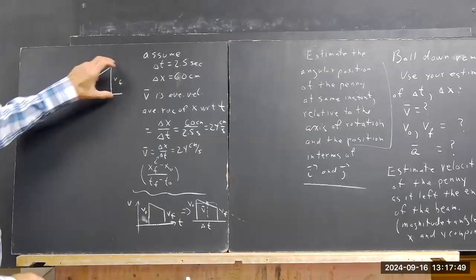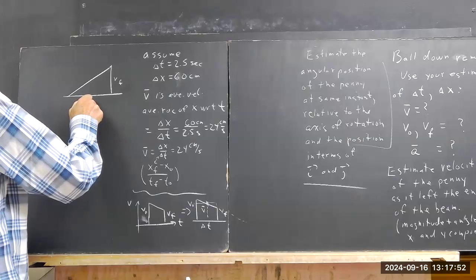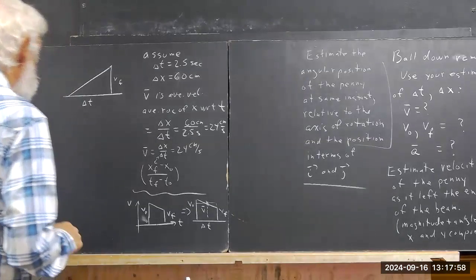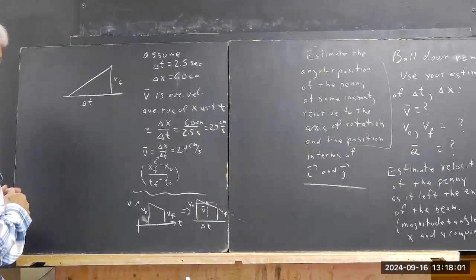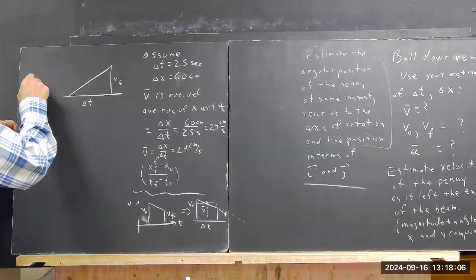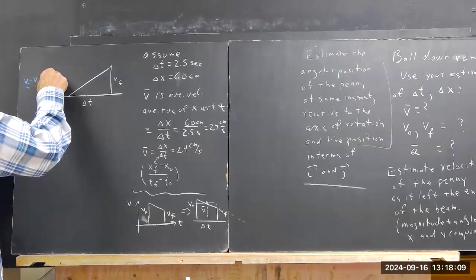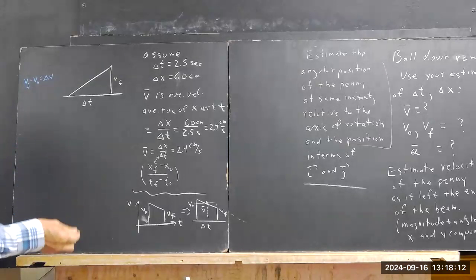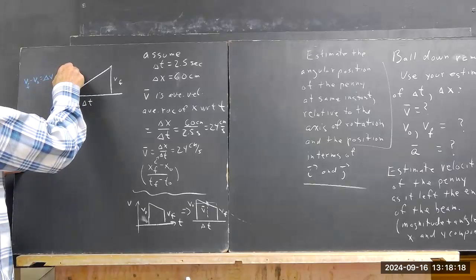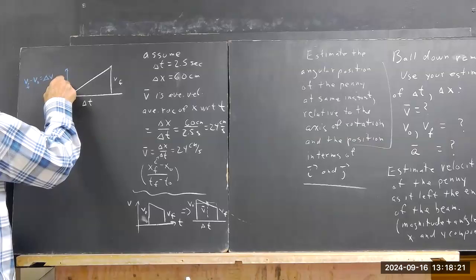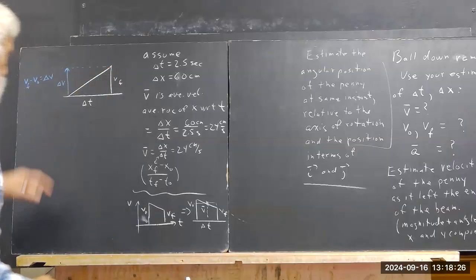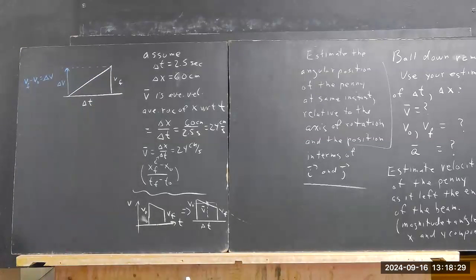So we have VF corresponding to the altitude of this triangle, delta T here. And VF minus V naught equals delta V. So here is delta V, starting from 0, ending up at VF, right?